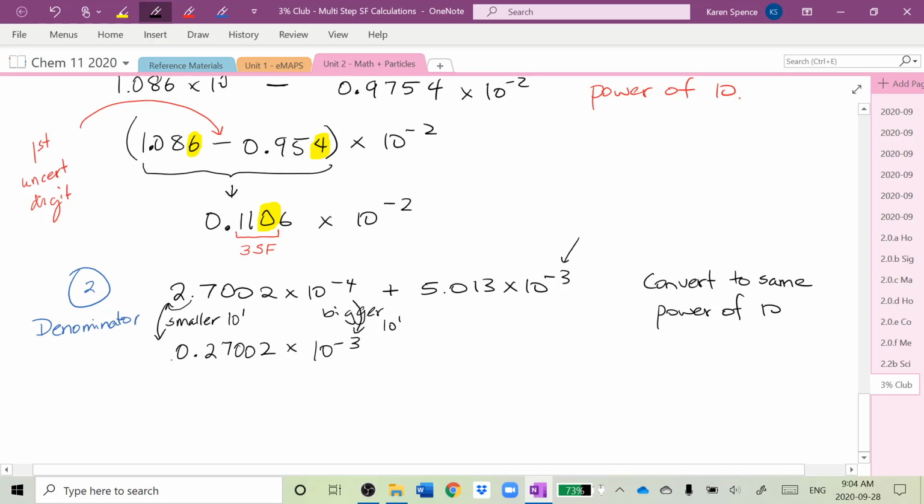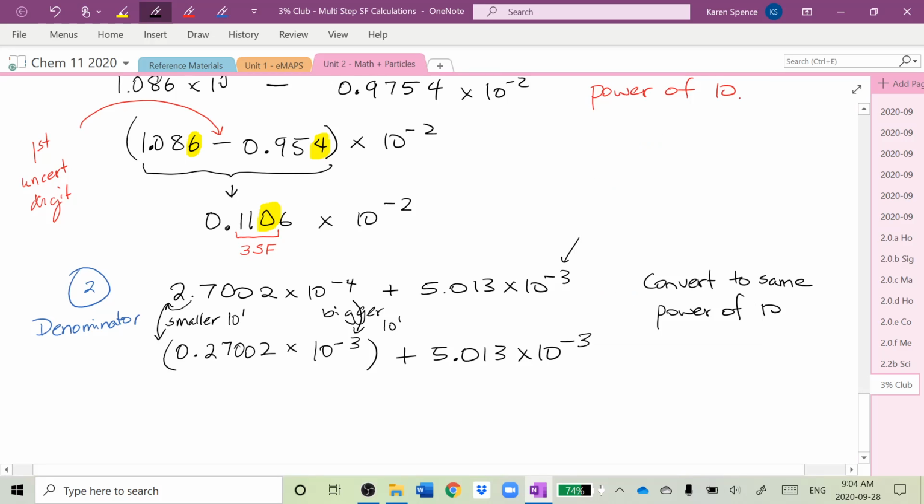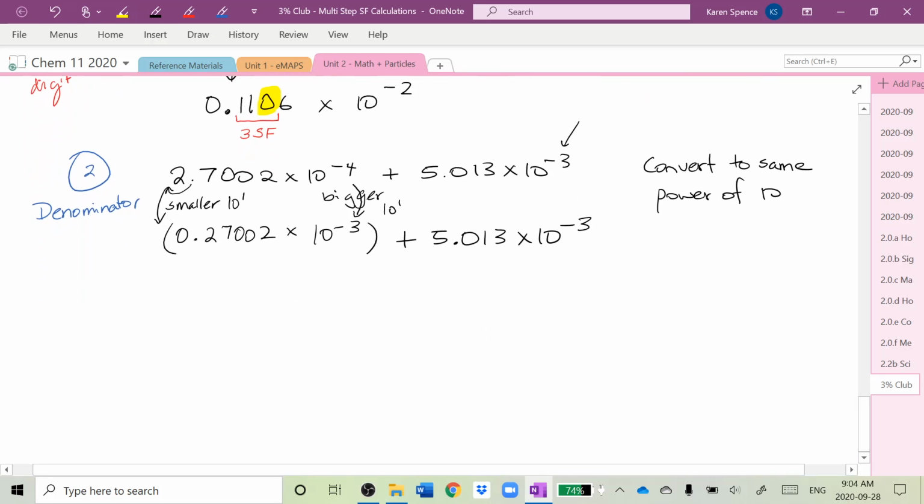So now we have 0.27002 times 10 to the negative 3 plus 5.013 times 10 to the negative 3. And remember, we are going to take the coefficients and add them.